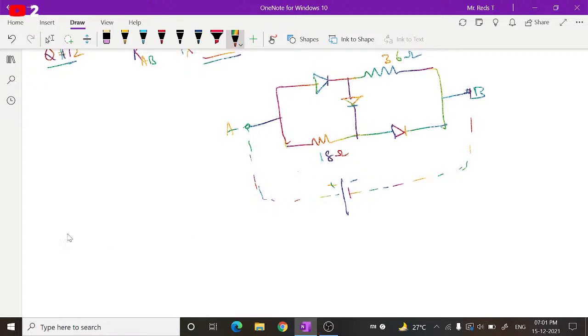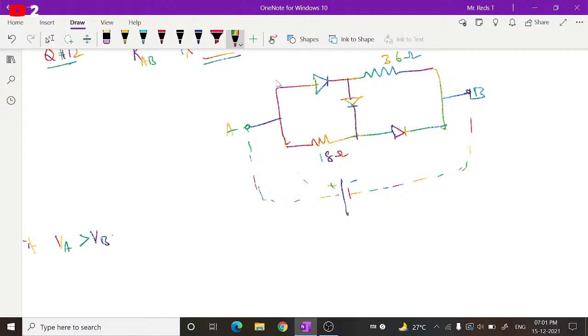If you take the potential at A as VA and the potential at B as VB, and VA is greater than VB, then A is at positive potential.